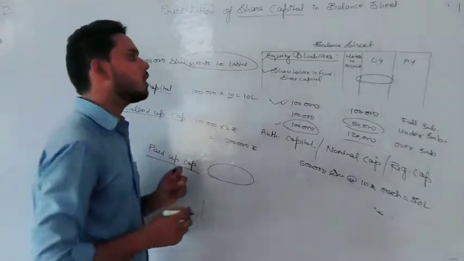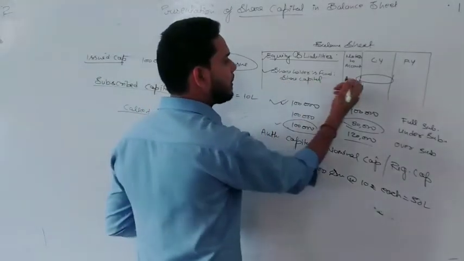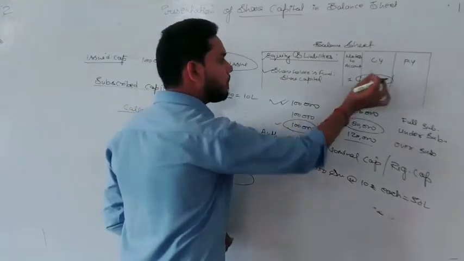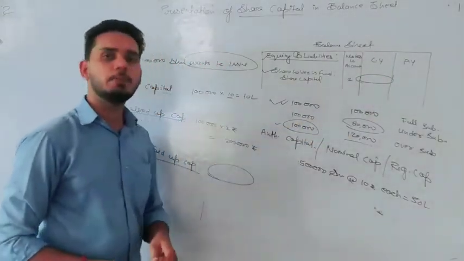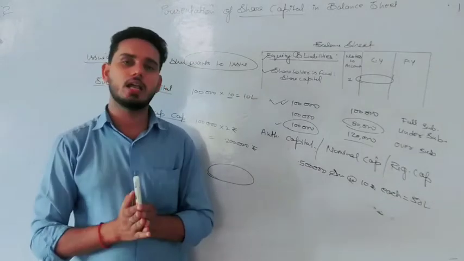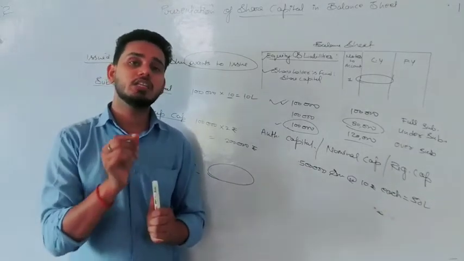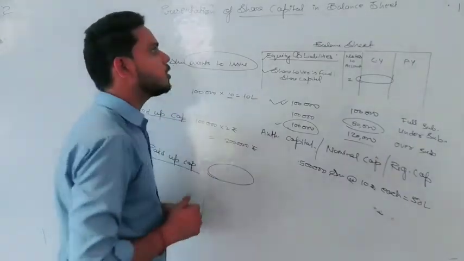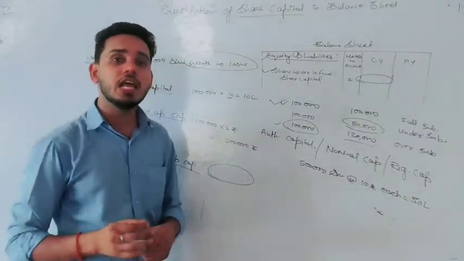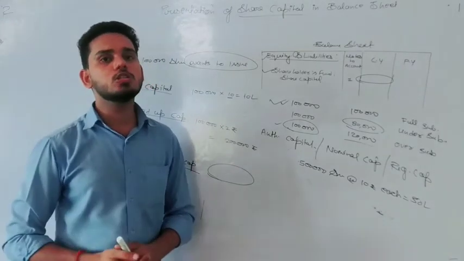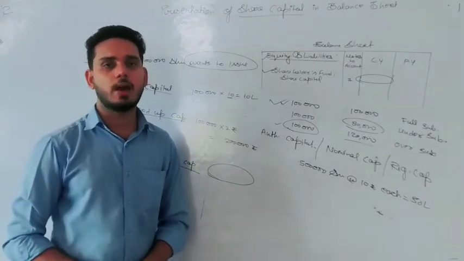So in this case, we will write share capital here, we will put a note number 1, we will write here paid up capital, but for reaching that paid up capital, we need to prepare a notes to account. So what is important for us for the presentation of share capital in the balance sheet is to understand how we can prepare notes to account of share capital.